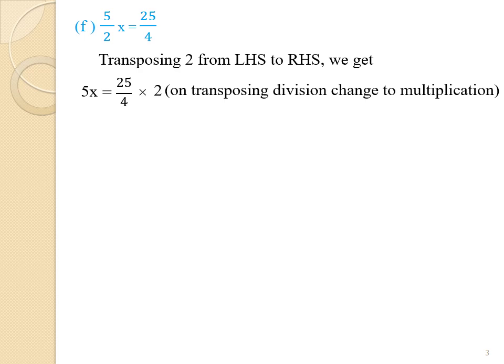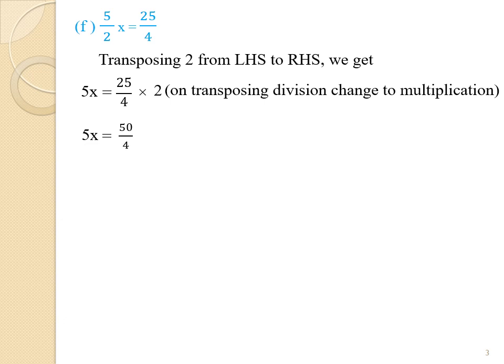Now, multiplying numerator 25 by whole number 2 and keeping the denominator 4 same, we get 5x equals to 50 upon 4.